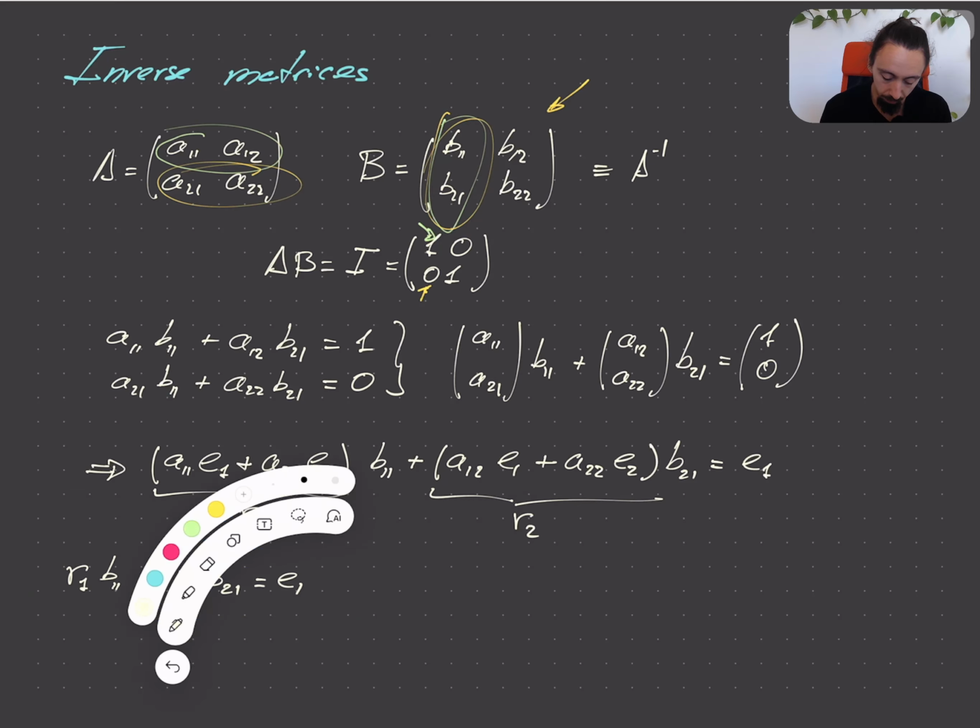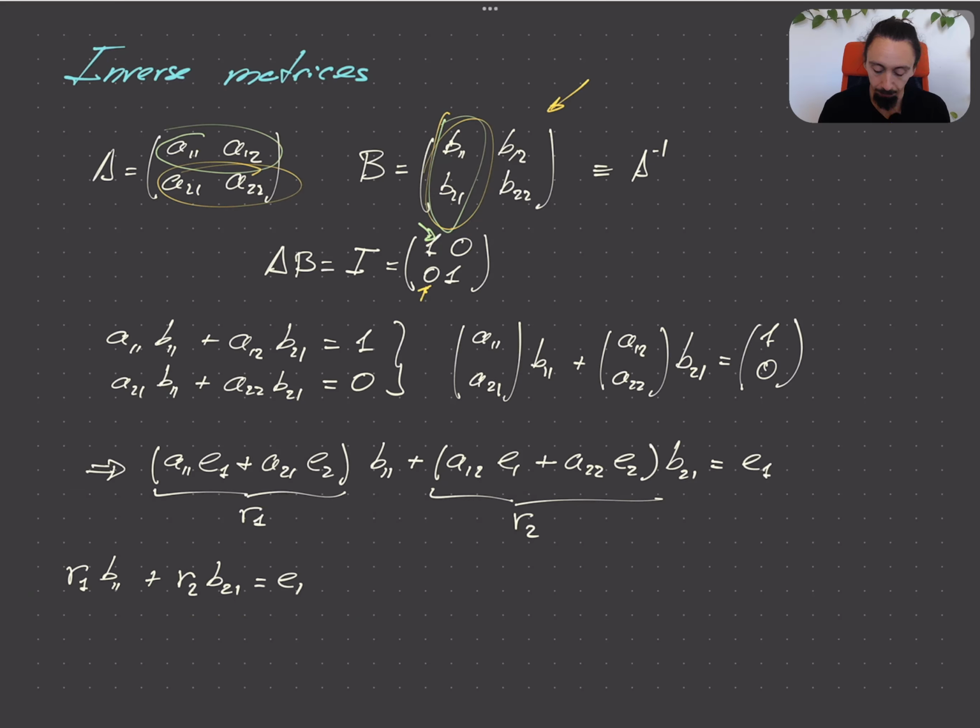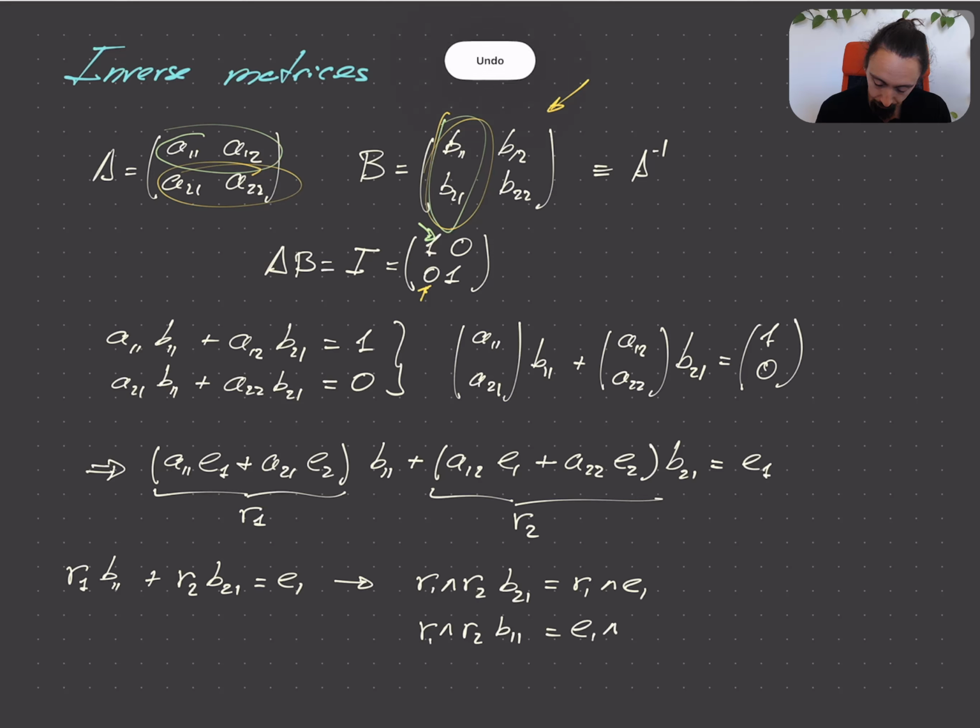And we know how to solve this equation from the previous lecture by left multiplying by R1, so we obtain R1 wedge R2 B21 equals R1 wedge E1, and similarly the other way around, R1 wedge R2 B11 equals E1 wedge R2.